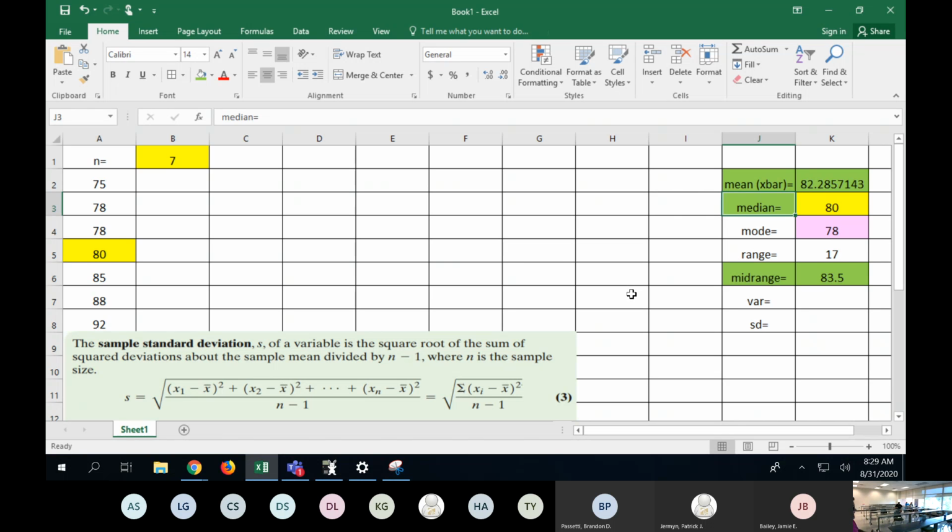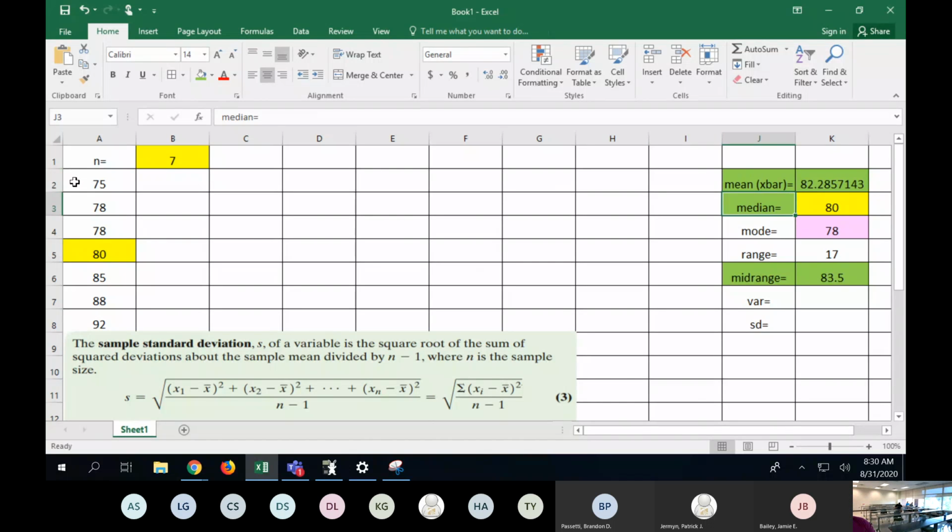We're going to subtract the mean from each X. So where are my X's? Somebody tell me where my X's are. So what are we going to do for the first part of this formula? What are we going to do to each one of those numbers? Subtract the mean. Good. So we're reading the formula.